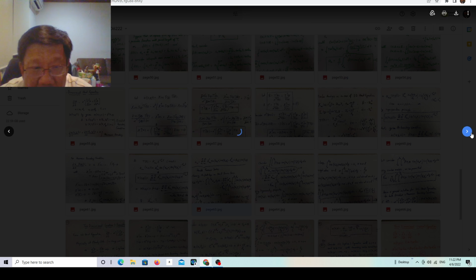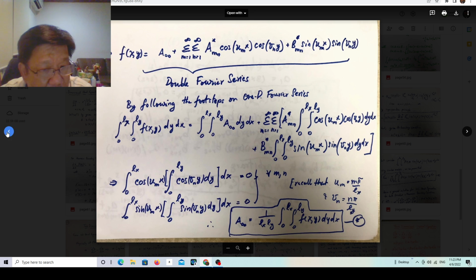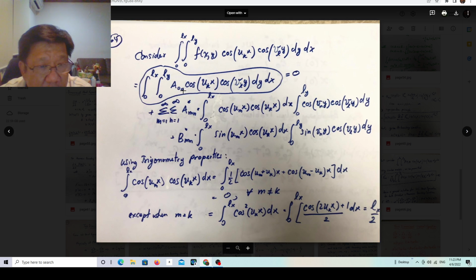And similar analysis for when you consider this term. If you just multiply this one, you can see that for this one, if you want to find a star mn, you just multiply a sub 0, 0 there by cos of mu sub k x and v sub l y.